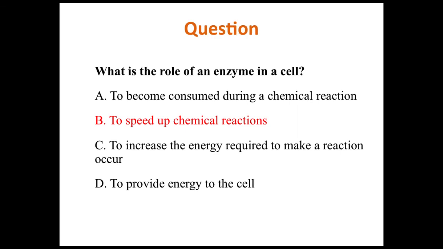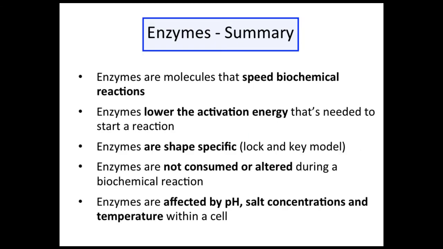The primary role of enzymes in every cell is to speed up chemical reactions so that living things can function efficiently. In summary, enzymes are molecules that speed up biochemical reactions. Enzymes lower the activation energy that's needed to start a reaction.